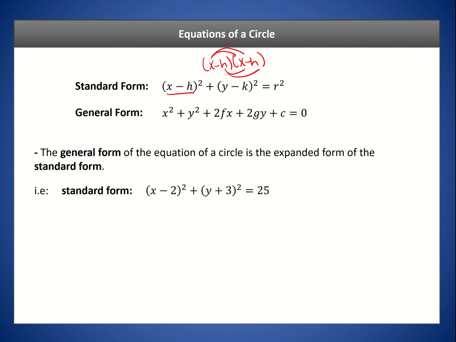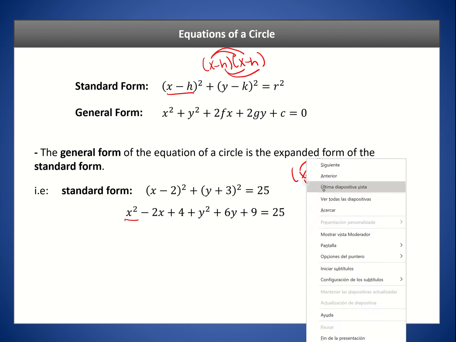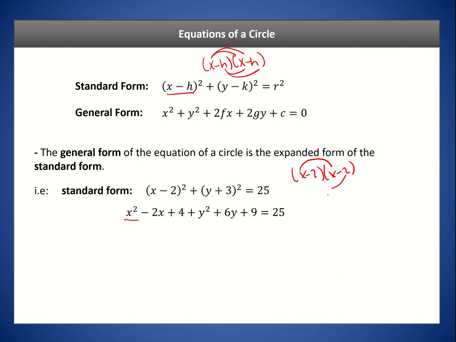For example, if the standard form is (x minus 2) squared plus (y plus 3) squared equals 25, well then if I were to FOIL the x minus 2 squared, x minus 2 times x minus 2, I would get x squared, and then minus 2x. So let me write this down: x squared minus 2x plus 4. Minus 2x and minus 2x is minus 4x.